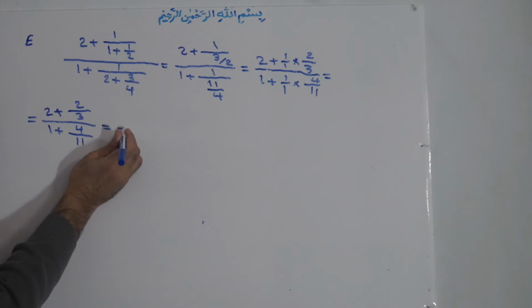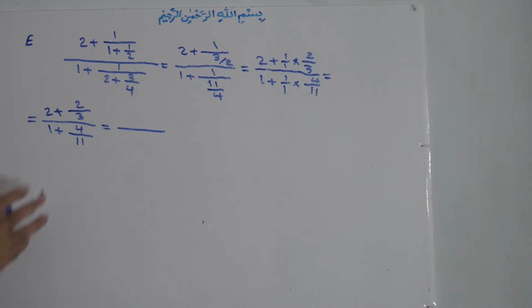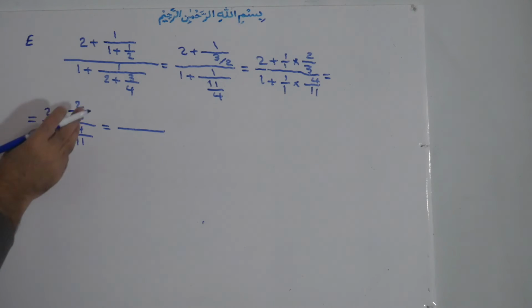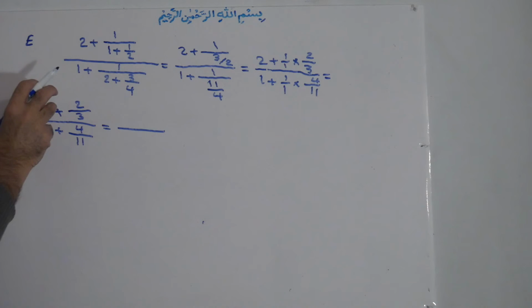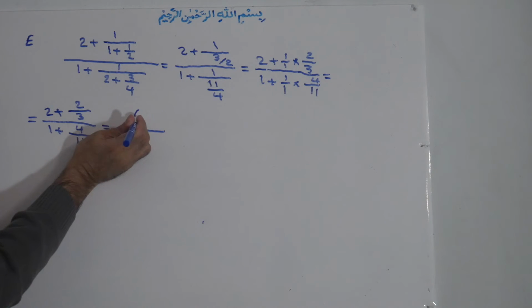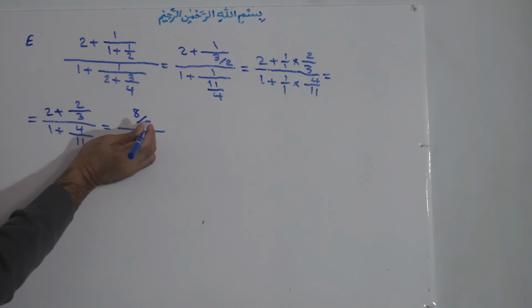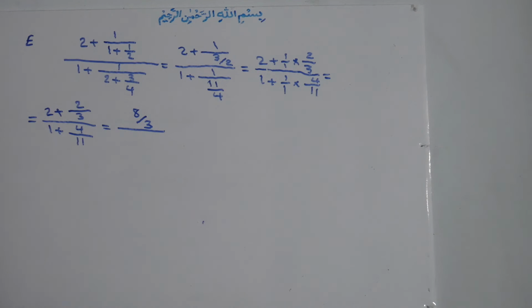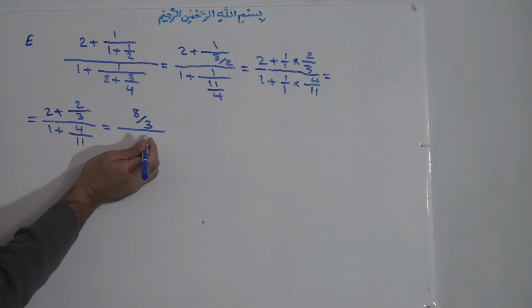Now you see, at the same time we simplify the numerator and also the denominator. Now 2 times 3, 6. 6 plus 2 is 8. 8 over 3. Over 1 times 11, 11. 11 plus 4 is 15 over 11.